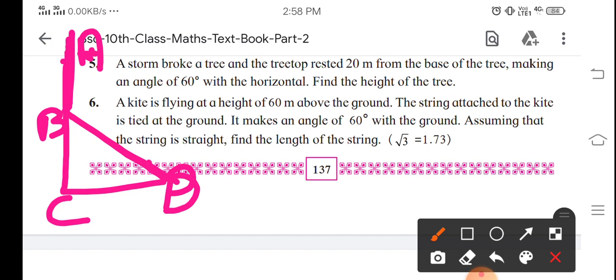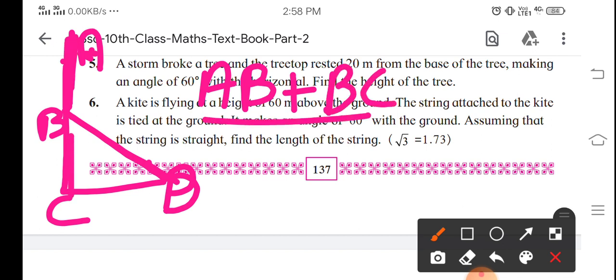So this and this part will be equal, right? So just write over there, height of the tree is nothing but AB plus BC, this AB and this AB. We have the value of this AB, but we don't have this AB. But right now we have to find out the value of BD.